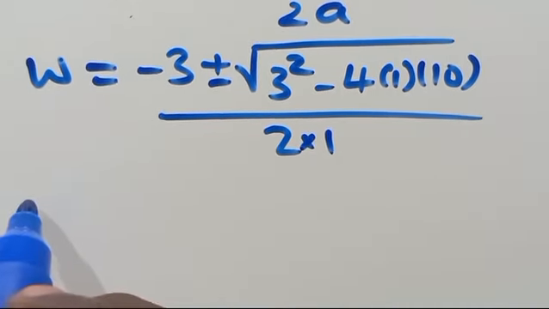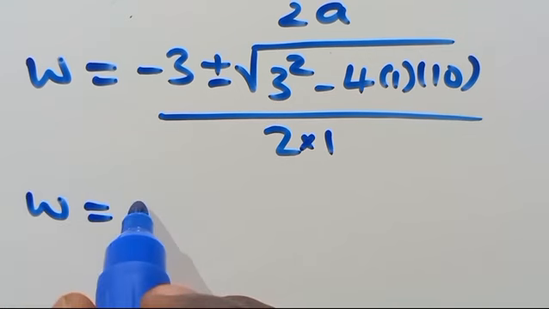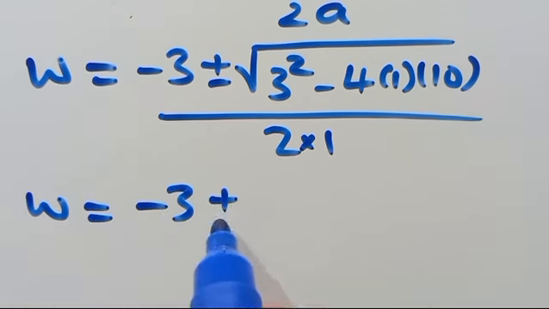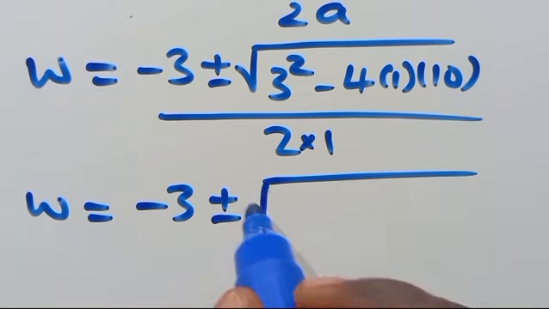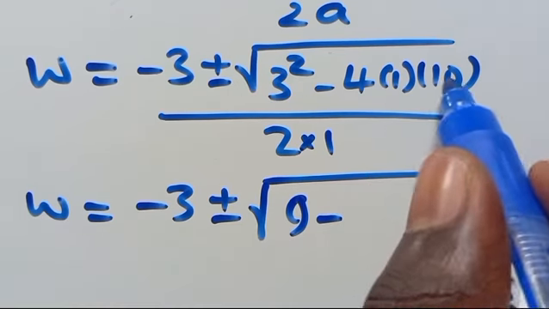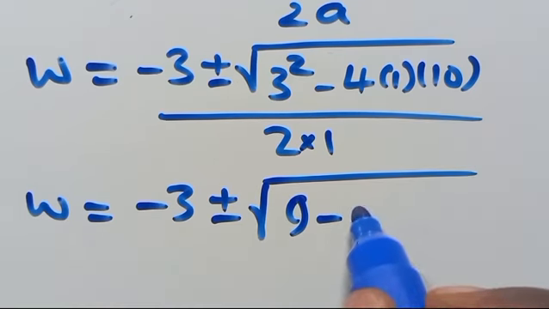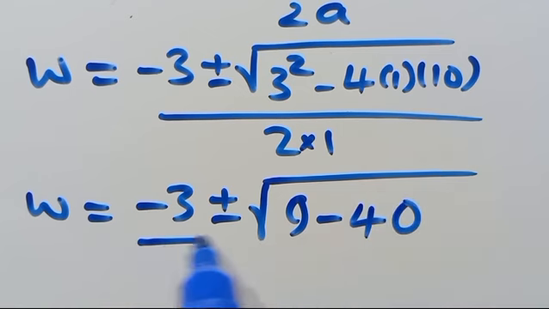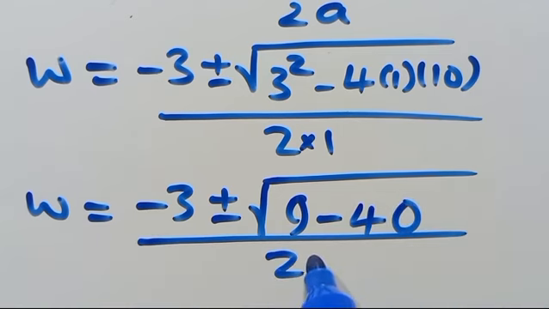So W equals minus 3 positive or negative square root of 9 minus 4 times 1 times 10, which is 40, over 2 times 1, which is 2.